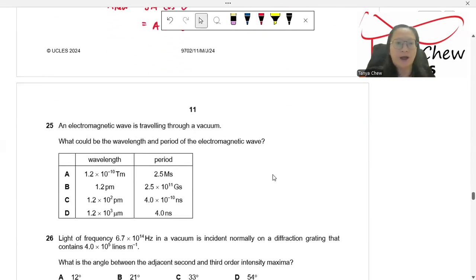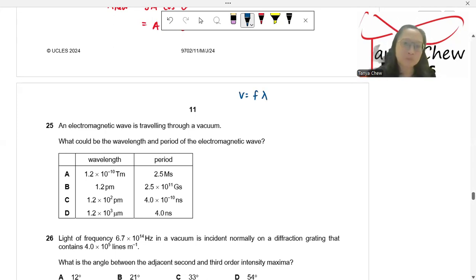Question number 25. An electromagnetic wave is traveling through vacuum. What could be the wavelength and the period of the electromagnetic wave? Wavelength and period. You know, this is kind of confusing, but don't ever get confused. Recall the simplest equation, wave speed: v is equal to f lambda.